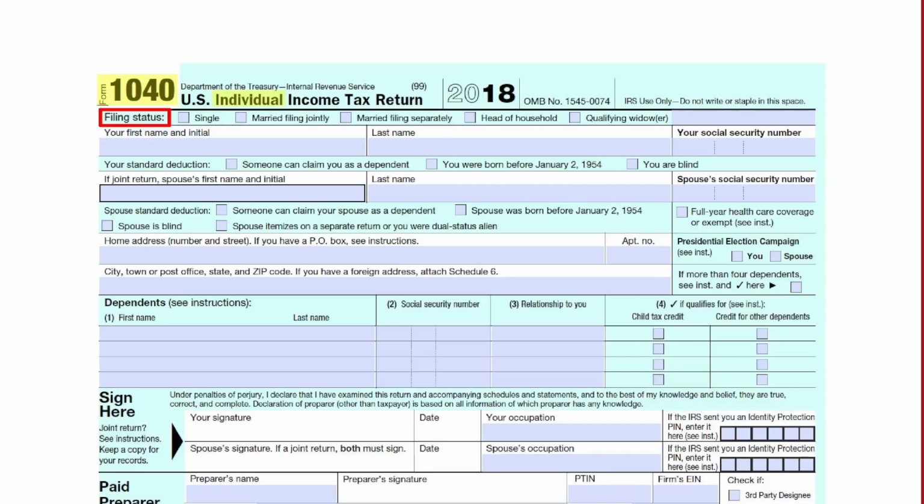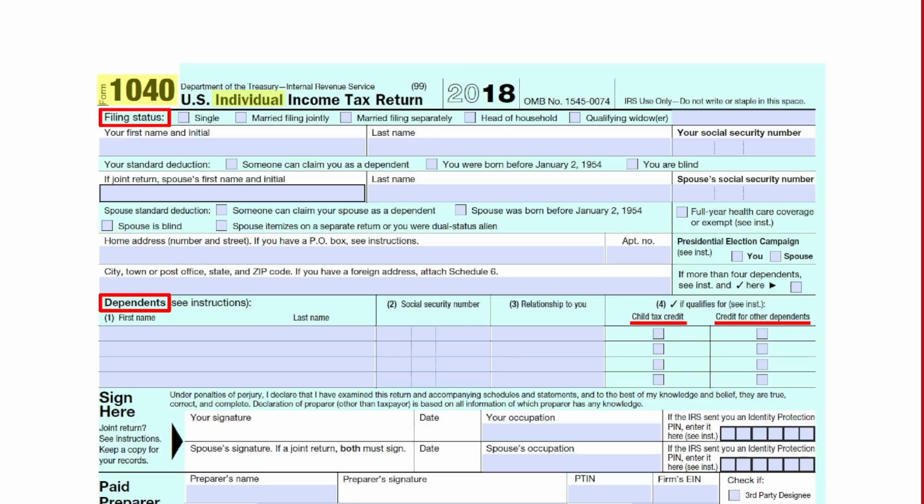And then you also have a section for dependents, where you have the first name, last name, the social security number, and the relationship of the dependent. We will talk about how dependents could qualify individual taxpayers for the child tax credit or credit for other dependents.